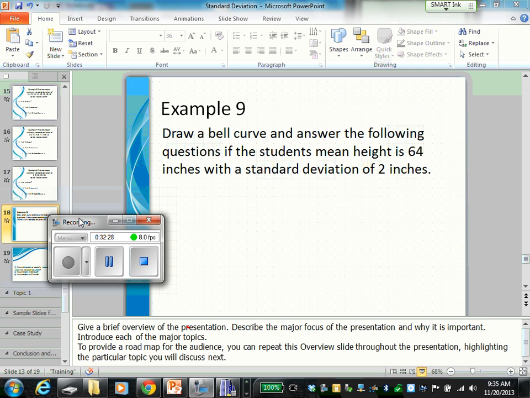Okay, so can I draw a bell curve? I want you to practice. I want you to go ahead and draw the bell curve for me at this time. All you need to know to draw the bell curve is what? The mean and the standard deviation, and you can fill in the whole bell curve.